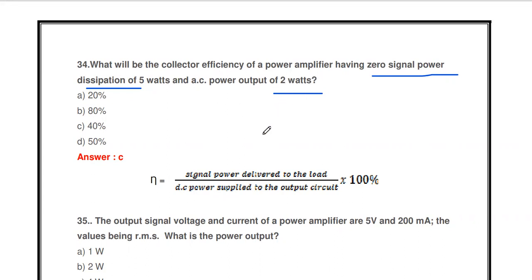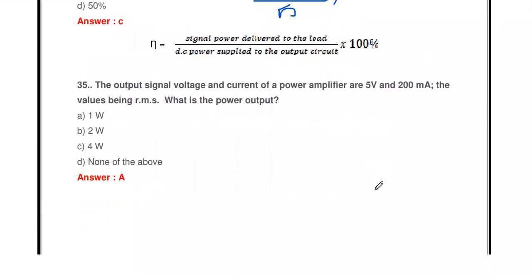Here the AC power output is 2 and the DC power supplied is 5. So 2 divided by 5 times 100, which is 200 divided by 5, that is 40%. So the efficiency is the signal power delivered to the load divided by the DC power supplied, times 100%.